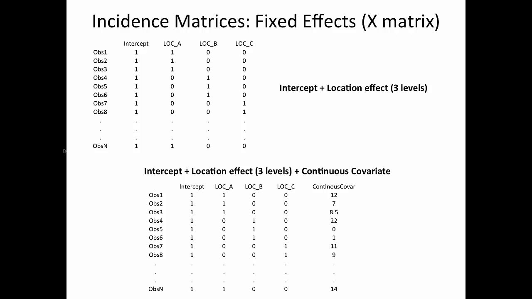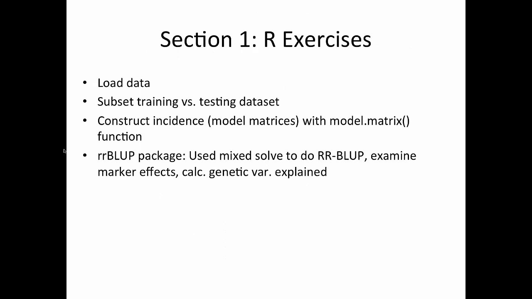So in this case for fixed effects, it could be something like planting date, flowering date, temperature, depends on your experiment, but that's what I mean. For the random effects in ridge regression, those continuous predictors are the marker dosages. It is your marker matrix. Make sense? Okay, so let's jump into R.